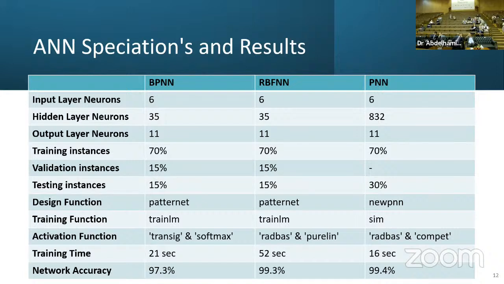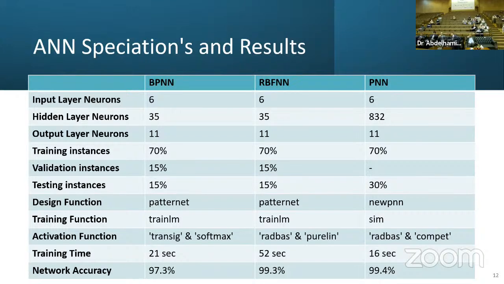We used PatternNet for both the backpropagation neural network and radial basis function as a design method, and NeoBNN for the probabilistic neural network, then the corresponding training and activation function used. Finally, the result showed that the backpropagation neural network finished in 21 seconds with a good accuracy rate of 97.3%, while radial basis function provided a high classification accuracy of 99.3%.